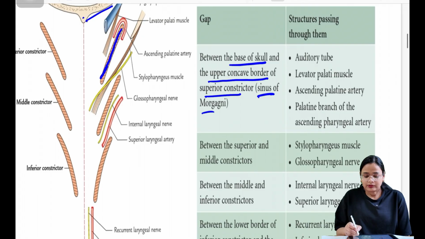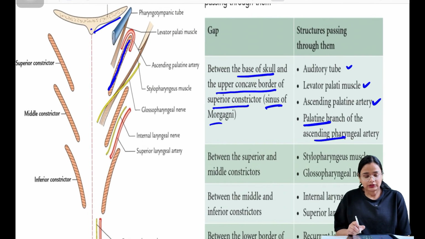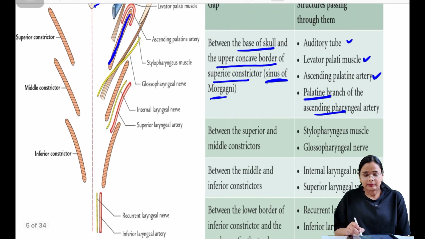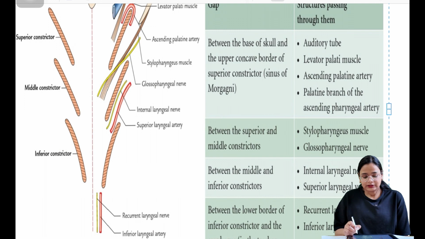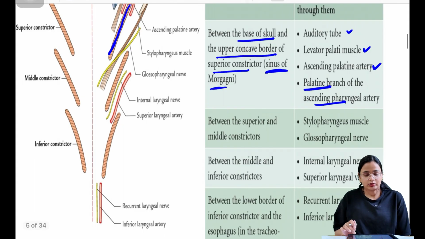First is the auditory tube or Eustachian tube, second is the levator palatini muscle, third is the ascending palatine artery, and fourth is the palatine branch of the ascending pharyngeal artery. So the structures which pass through the sinus of Morgagni are the auditory tube, levator palatini muscle, ascending palatine artery, and palatine branch of the ascending pharyngeal artery.